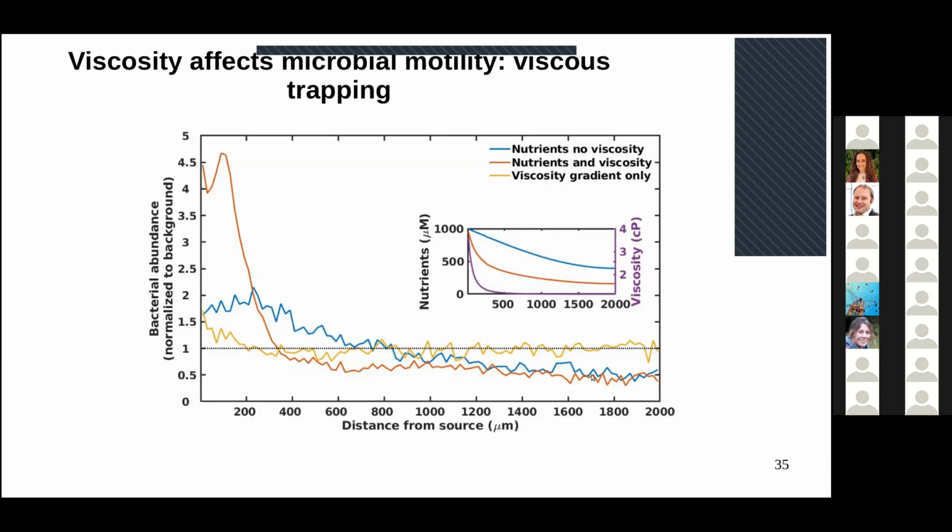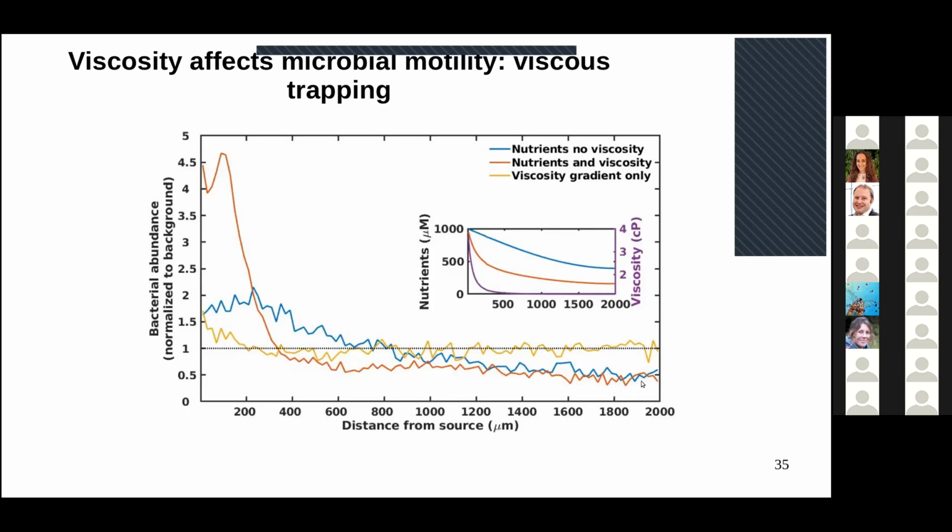And so what happened here with this IBM model is that, as expected, when you had a gradient of nutrients, all the bacteria in the domain would tend to aggregate towards the nutrient source.